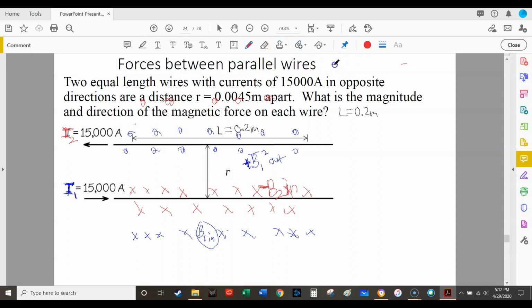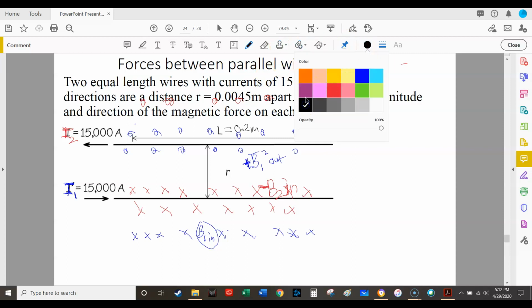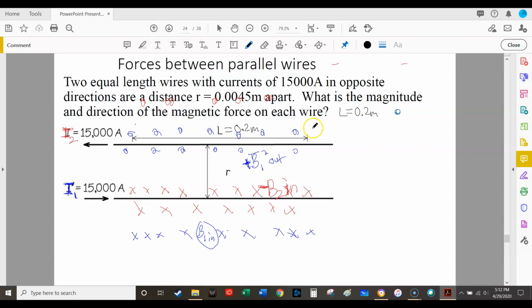Okay? Well, let's go ahead and do the math. Let's apply the right-hand rule. When we apply the right-hand rule, you have a leftward pointed current from I2, and I have an outward pointed magnetic field, which is the blue field around it.